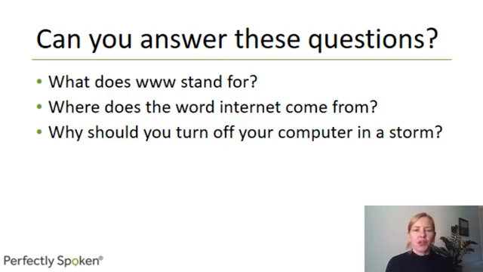Why should you turn off your computer in a storm? Do you know why? Well, apparently, I don't know if this is true, but if there's a storm and there's lightning, it can go down the cable and make your computer, your laptop, explode. I don't know if that's true.